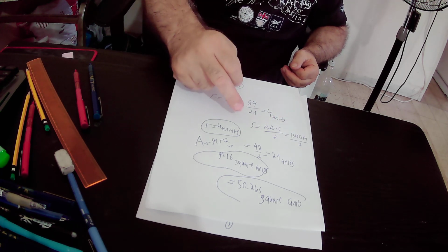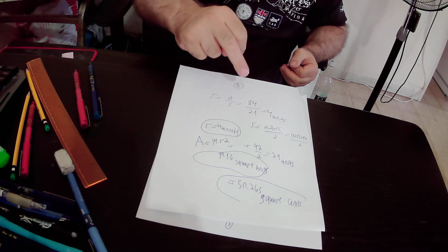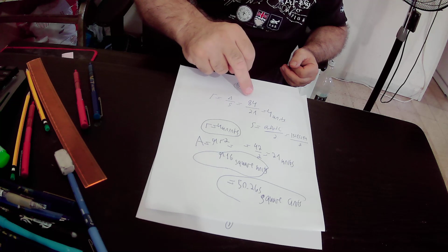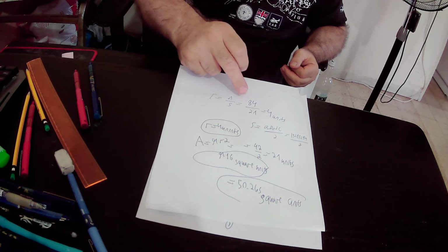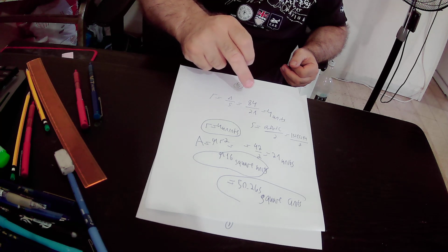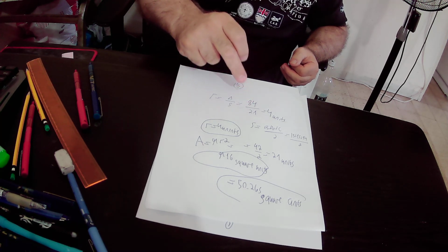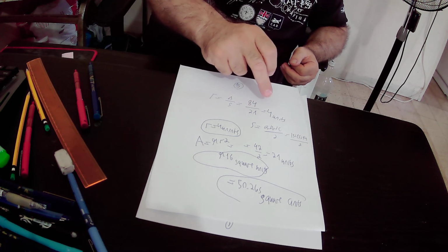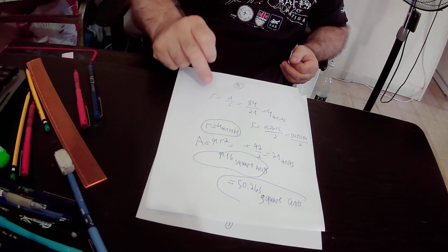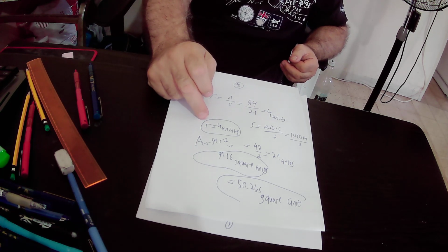So the semi-perimeter of triangle ABC is 21 units, and the area of triangle ABC is 84 square units. So the area over the semi-perimeter is 84 over 21, which equals 4 units. So we found out that the radius of the green circle equals 4 units.